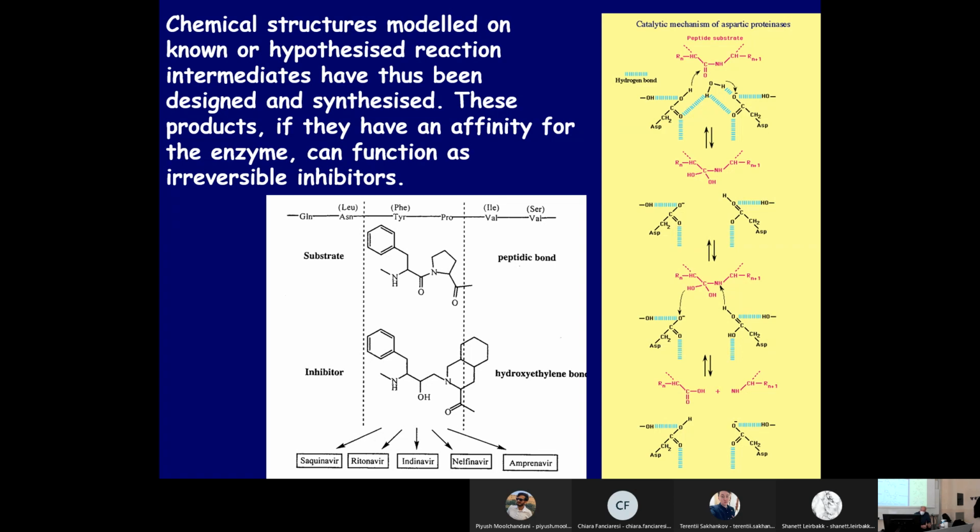So it was possible to design this type of inhibitor starting from the chemical structure of the transition state of this reaction.